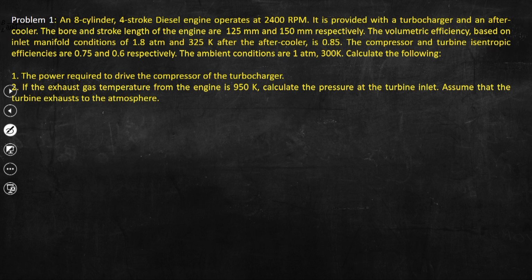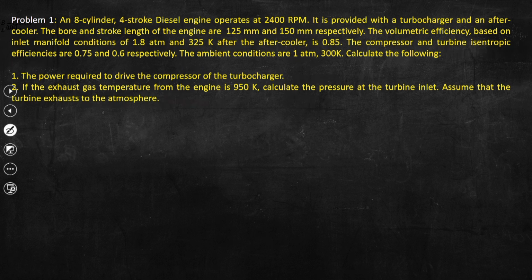It is provided with a turbocharger, though we have not discussed anything about the turbocharger until today, but we had discussed the turbocharged unit. We shall draw this particular unit schematically before solving this problem. It is provided with a turbocharger and an aftercooler.